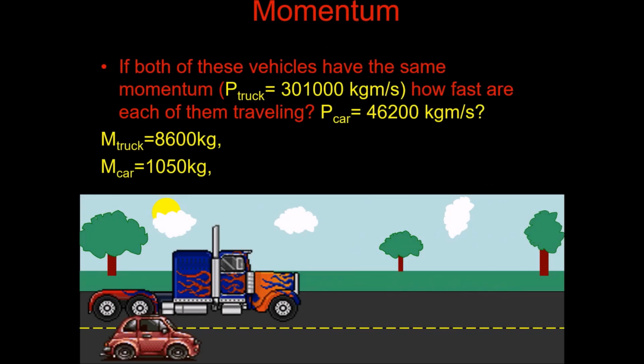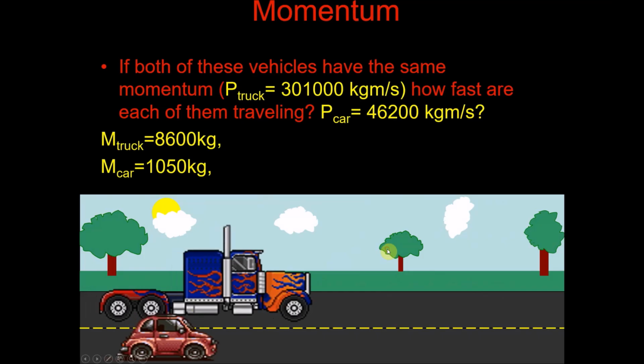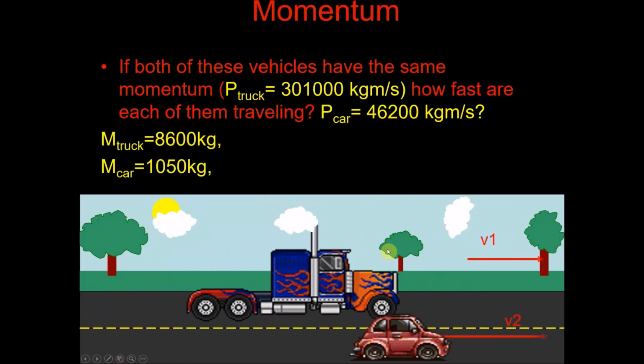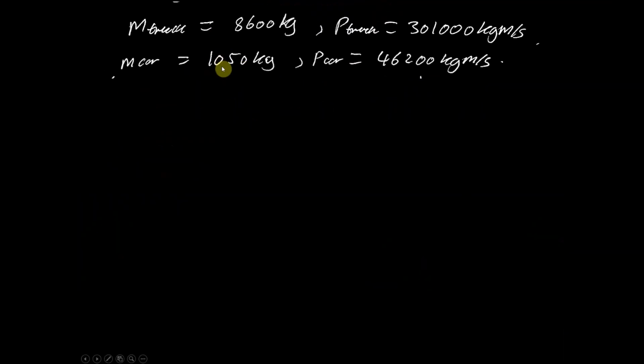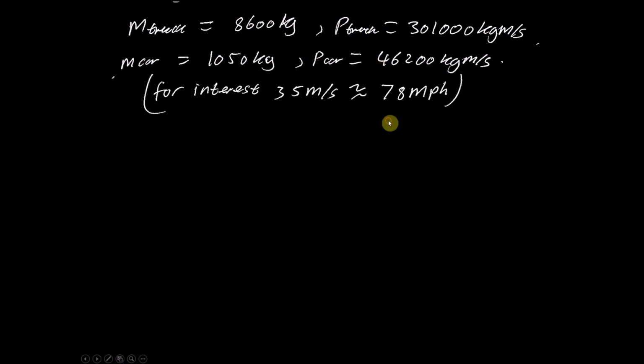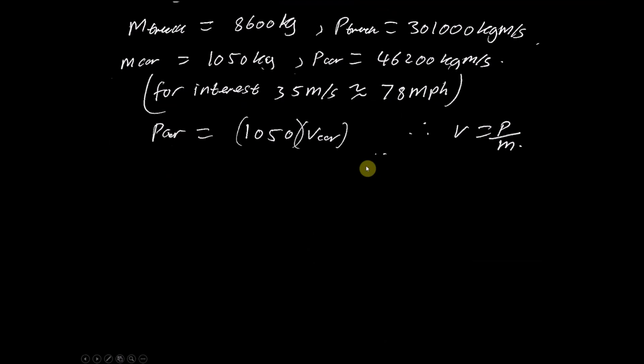Likewise, if we have P equals mv, we can manipulate that to find the velocity. So in this case, we have the momenta for the truck and the car again, and we have the mass of the truck and the car, and these are obviously different. And we can look at the velocities of these two objects independently. Really all we're doing is rearranging the momentum to give us v equals p over m.